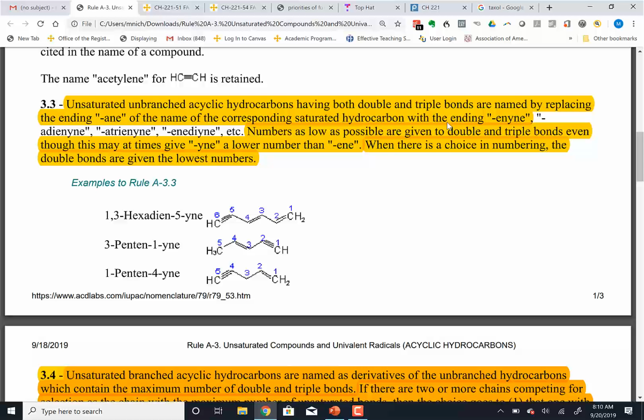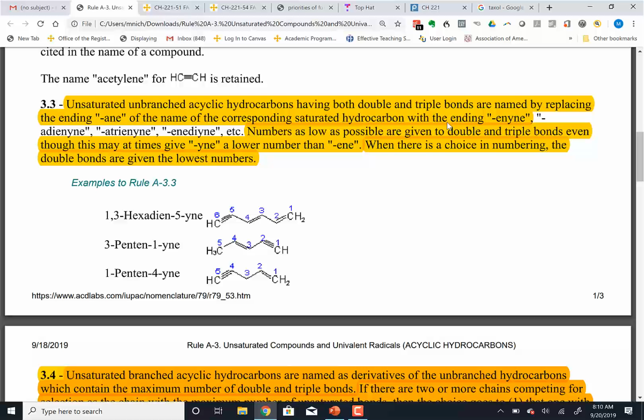A dien-yne, a trien-yne, ene-diyne, those di terms mean more than one double or triple bonds. That's all that means. That's why it's not in yellow. Numbers as low as possible are given to the double and triple bonds, even though this may at times give yne a lower number than ene. So in the book, they said number from the end closest to either the triple bond or the double bond, whichever one is closer to the end.